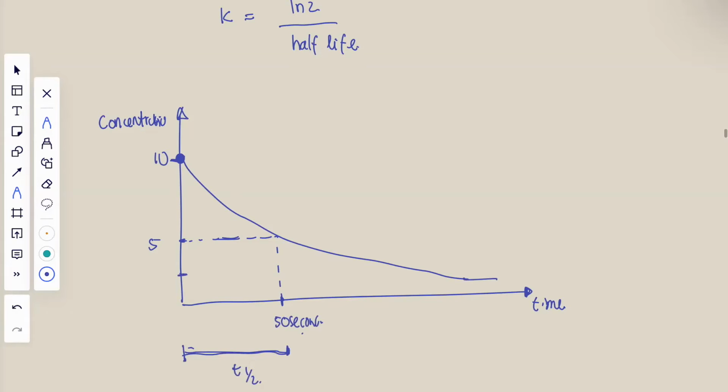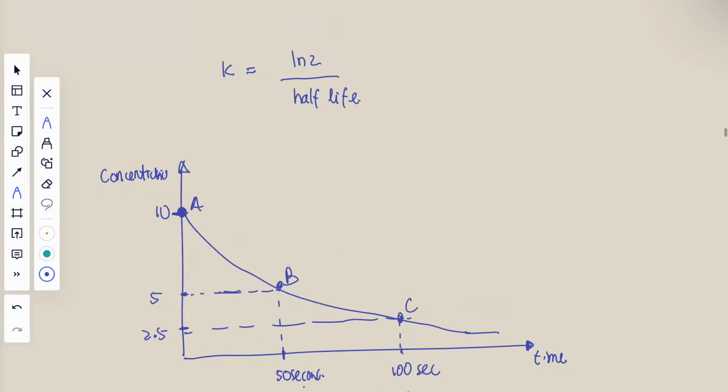Then you try another one here, 2.5, then dotted lines here. So this is from point A to point B, right? A to B, then you can find T half. Then B to C is T half also, so it's 100 seconds. So from here you get the half-life, T half.